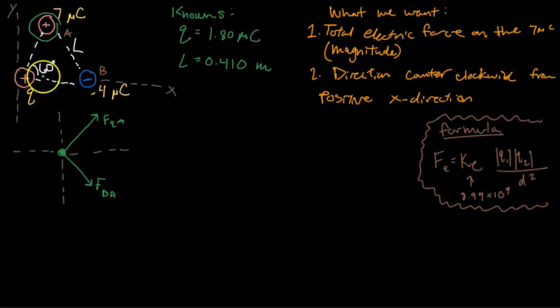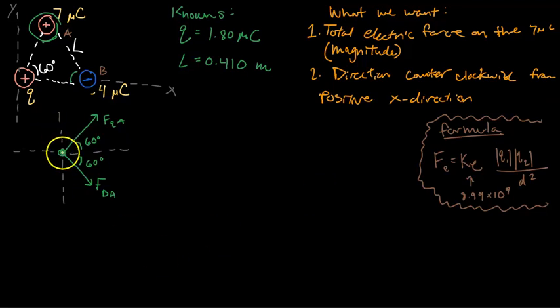And we know that this is 60 degrees, so we also know that this is 60, and this one is 60. So this right here is 60 degrees, and this one right here is 60 degrees.